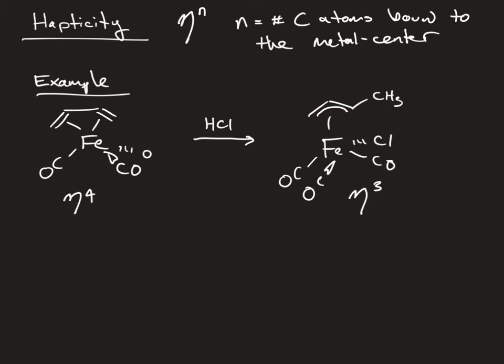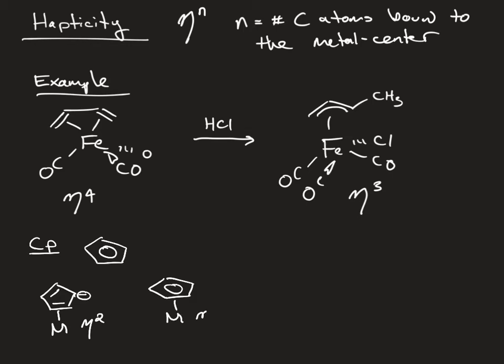Cyclic hydrocarbons with aromatic pi systems can display varying degrees of hapticity. So for example, with your Cp ligand, this can bind in an eta 2 fashion. More commonly, it binds in an eta 5 fashion.